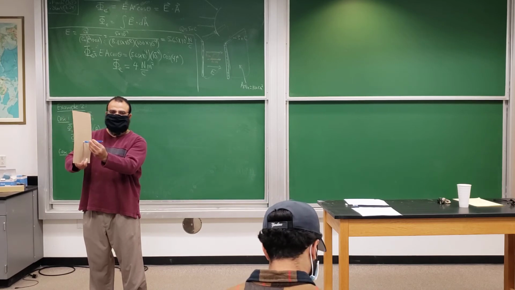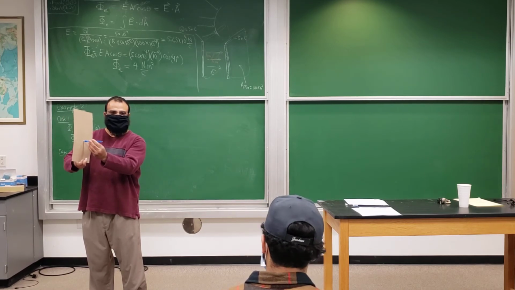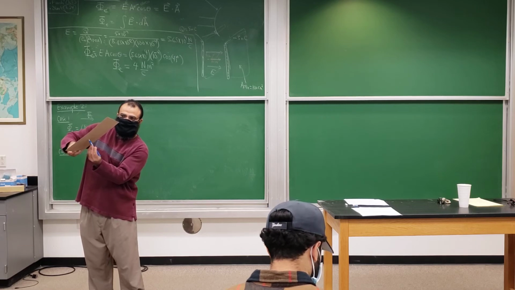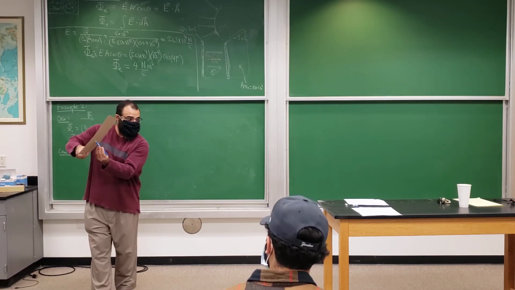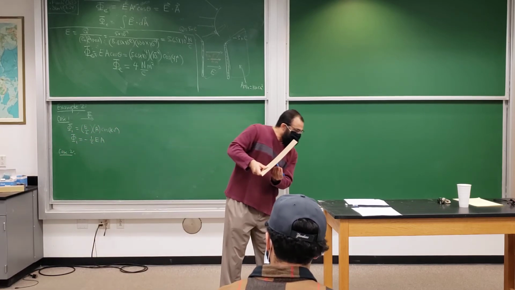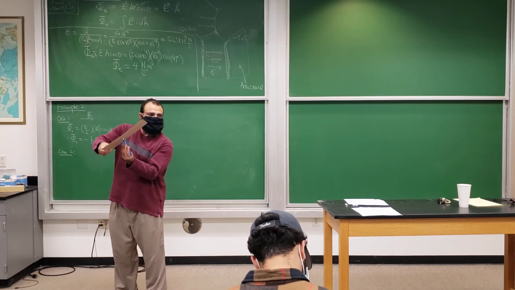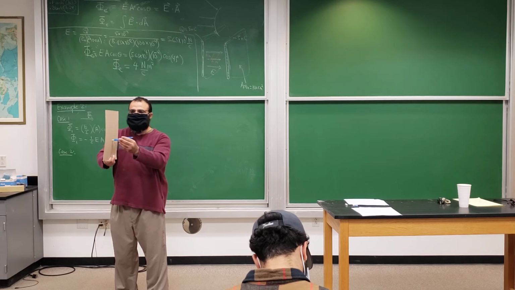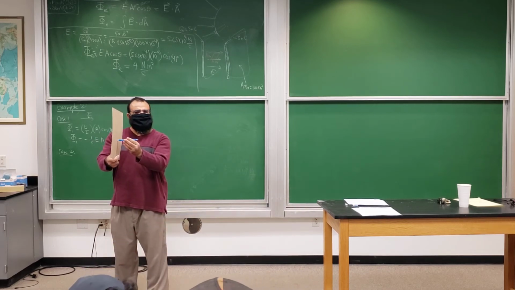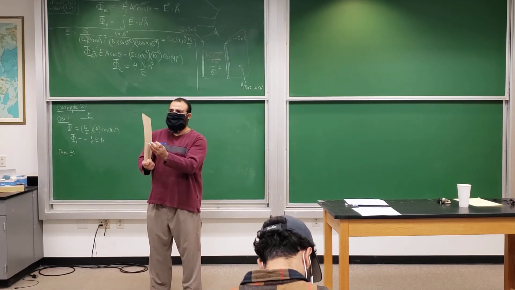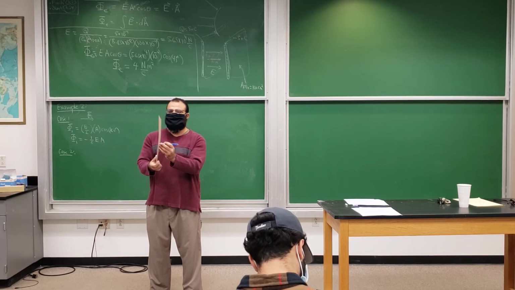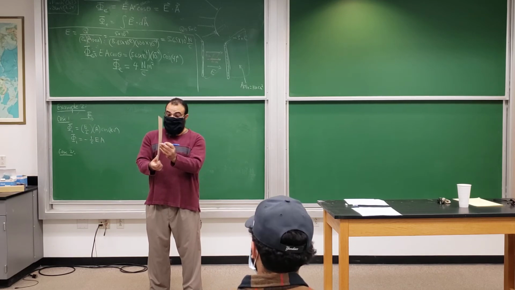It says it's oriented slightly downward, this way. If it were just upward this way, what angle does the electric field make with the area? 0. Yeah, that would be 0.